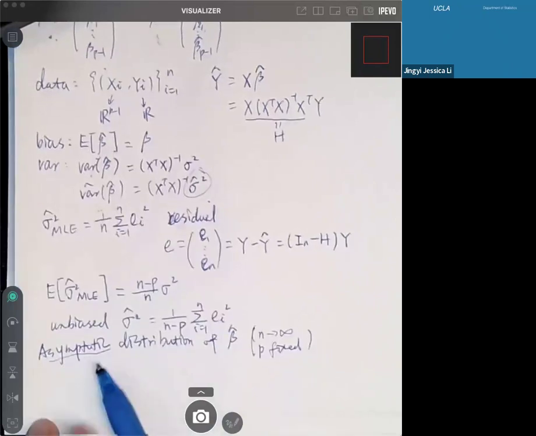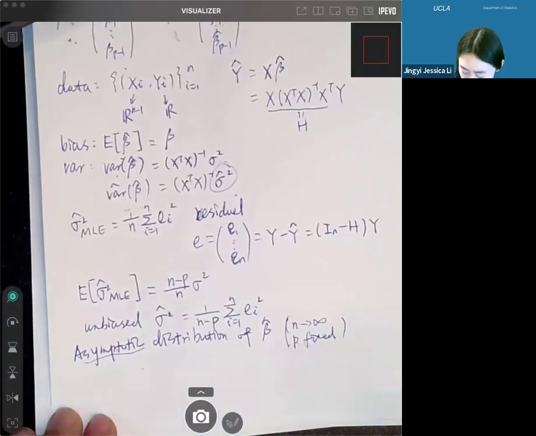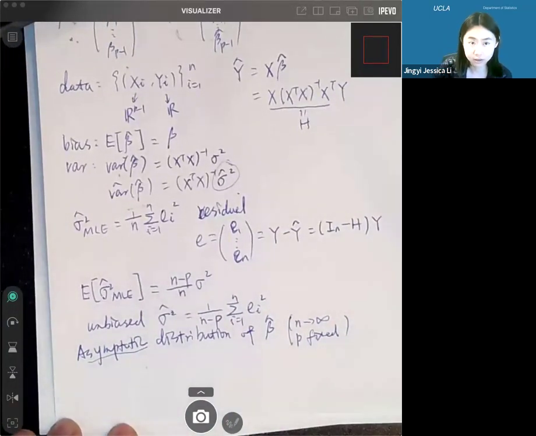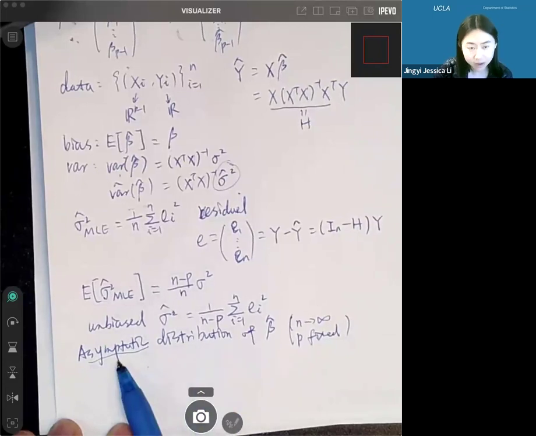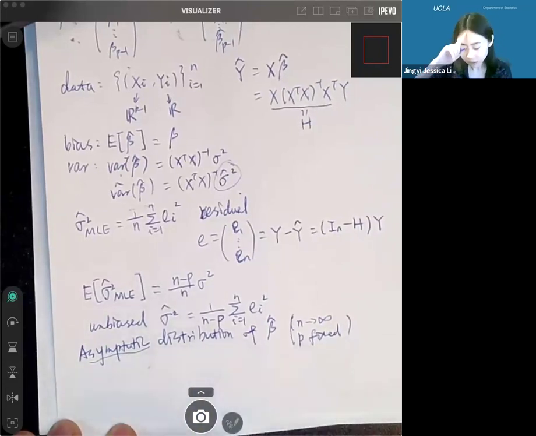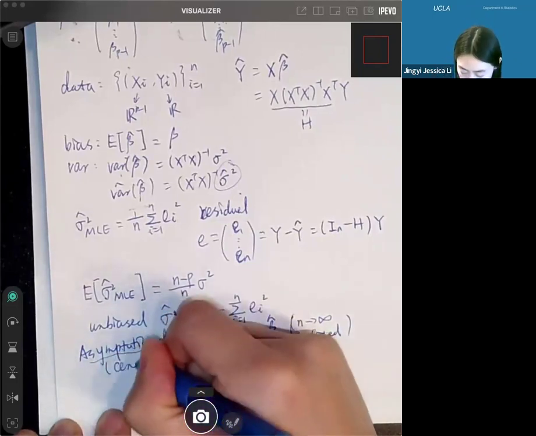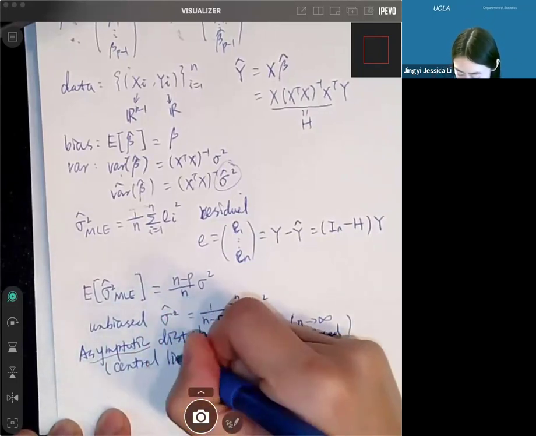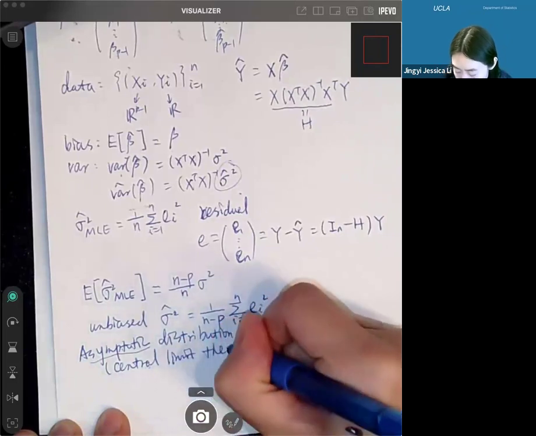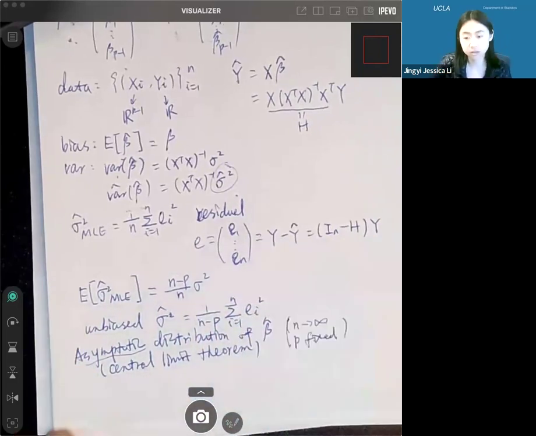So for the asymptotic distribution, even though this is not the focus of this class, because I had another class last quarter just to focus on asymptotics, for this class we'll not derive it, but we'll give you the result. The core for this whole derivation is the central limit theorem, which is probably the core for most asymptotic results used in statistics.